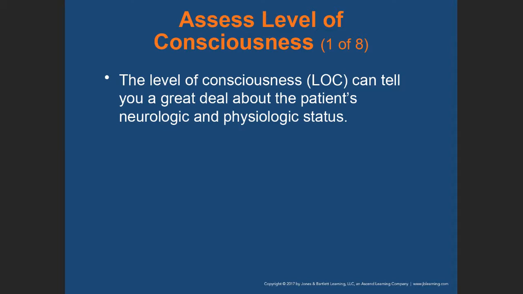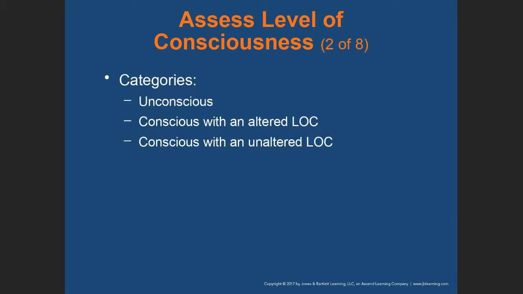Then you make contact with the patient and you ascertain the patient's level of consciousness. So you start with the brain. The level of consciousness can tell you a great deal about the patient's neurologic and physiologic status. So the categories. Now you're seeing 3 categories here.